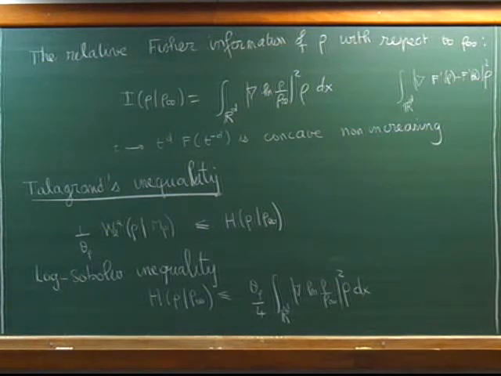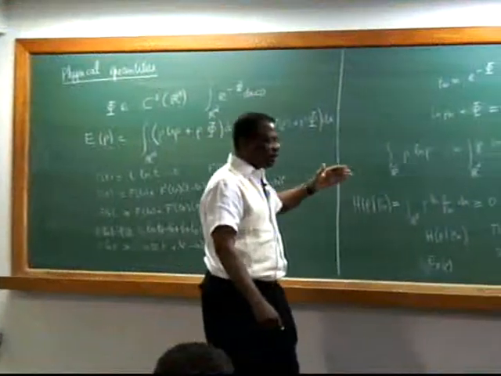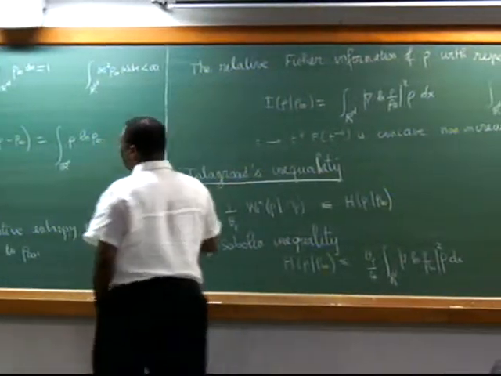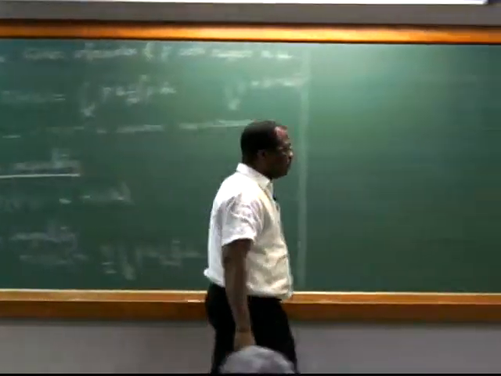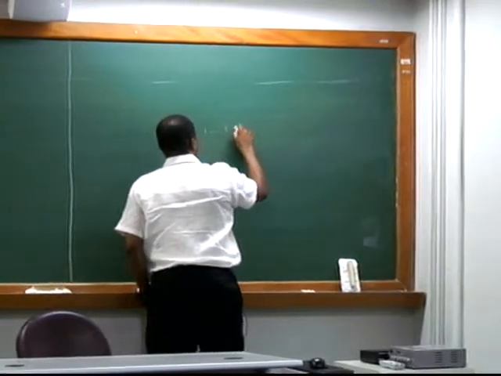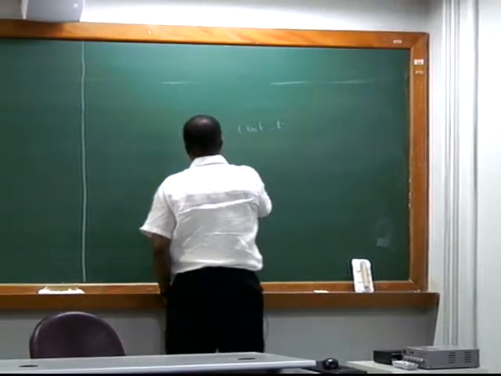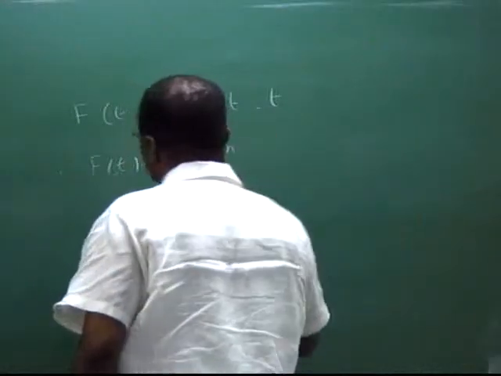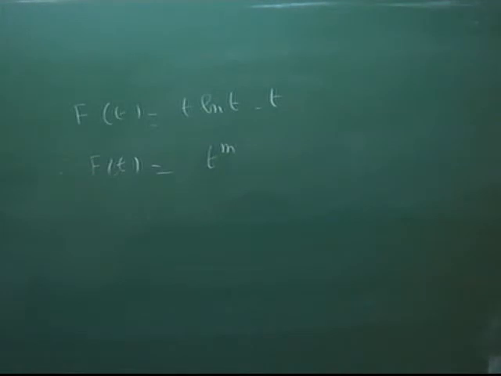So this case of this special entropy was known for a long time. The observation that you could replace, so if you take f of t equal to t log t minus t, or f of t equal to t to the power m, this is something which has been known for a while.